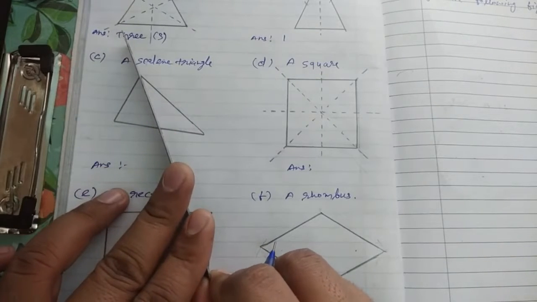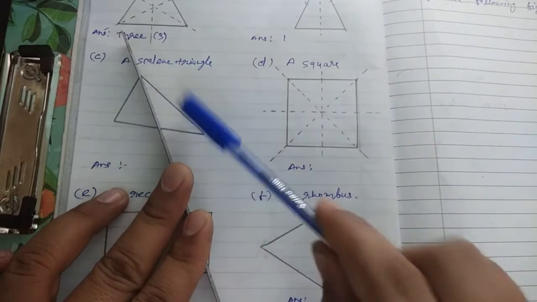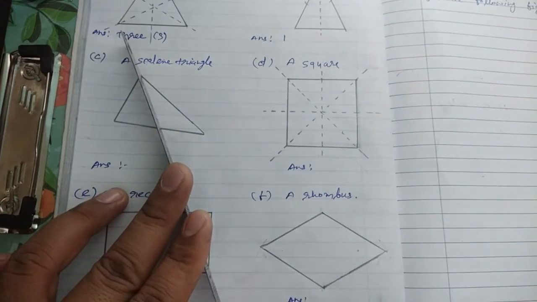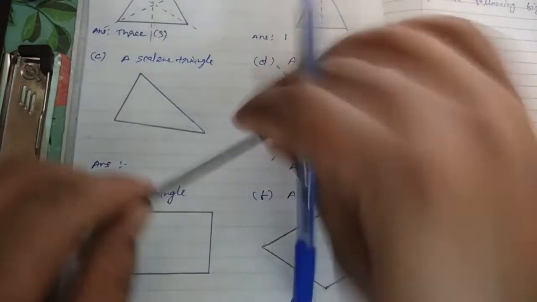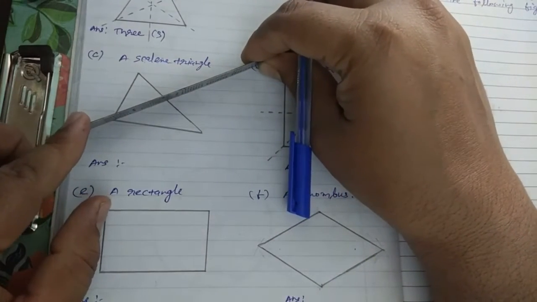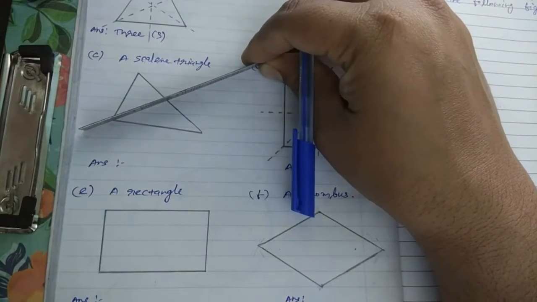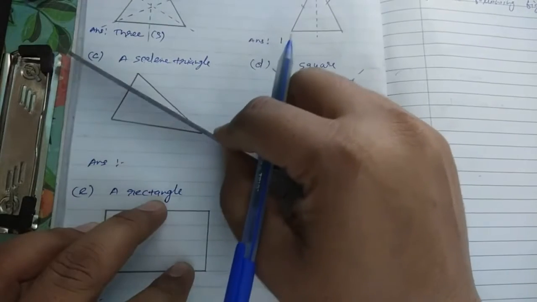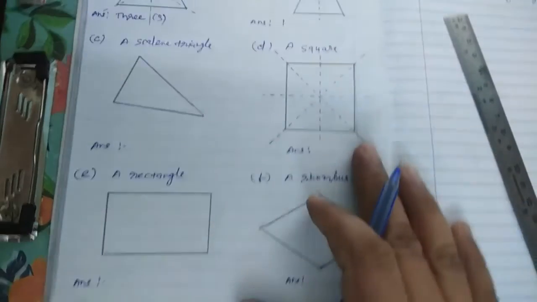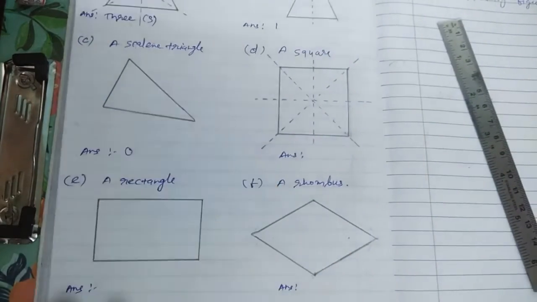Here we can see that these two parts are not the same, and when we fold them, of course they will not coincide with each other. So this is not a line of symmetry. We will check this way. Here we get the same thing. They are not symmetrical parts, and here also these two parts are not symmetrical. So in a scalene triangle we get 0 lines of symmetry.